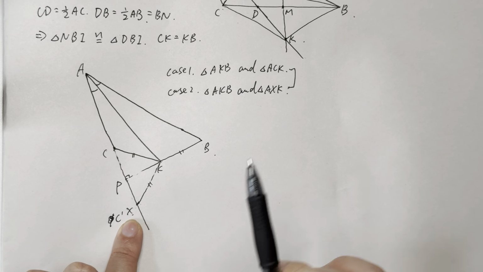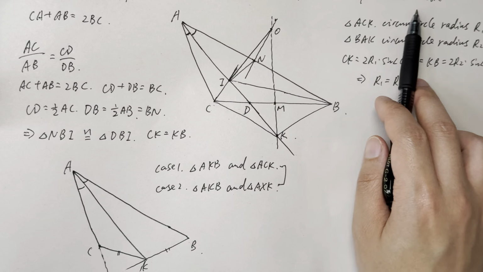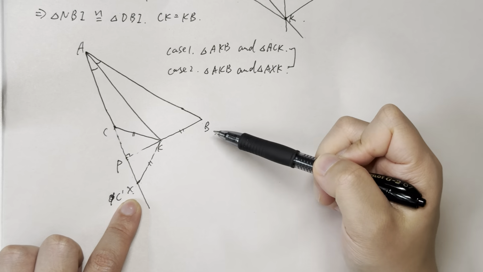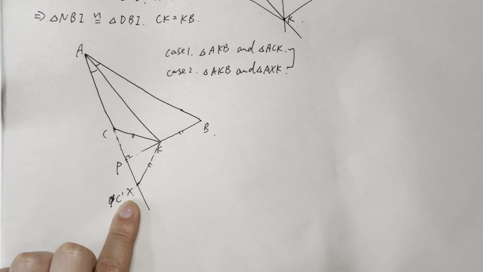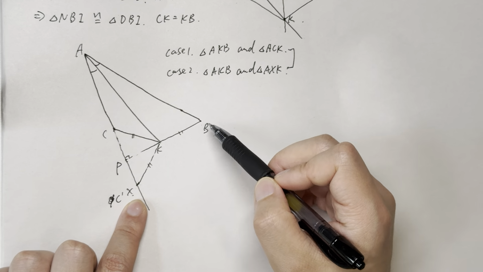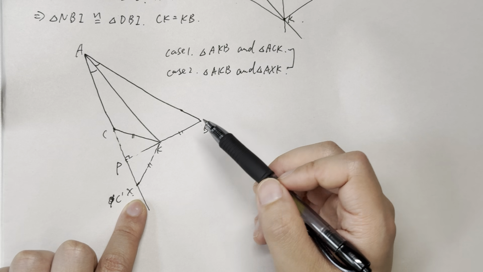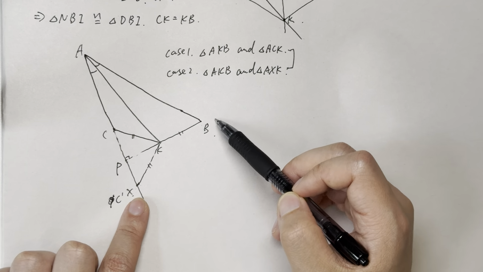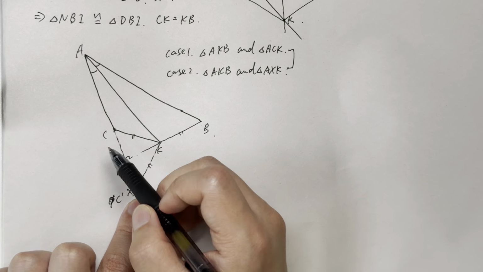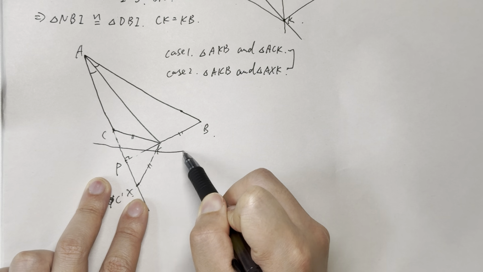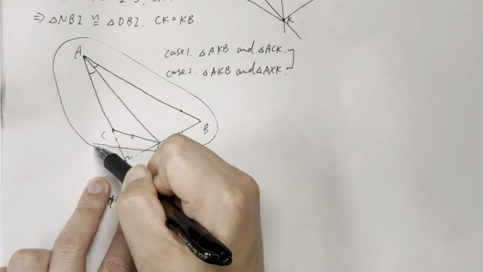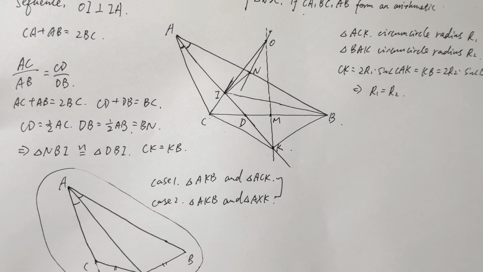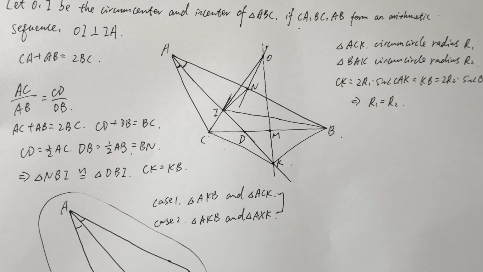For this case, where CA, BC, AB form an arithmetic sequence, AC prime B is no longer valid, because AC prime equals AB, which cannot form an arithmetic sequence with AC prime, C prime B, and AB, right? So that means this is the only case that can exist under the condition that CA, BC, AB form an arithmetic sequence, right?